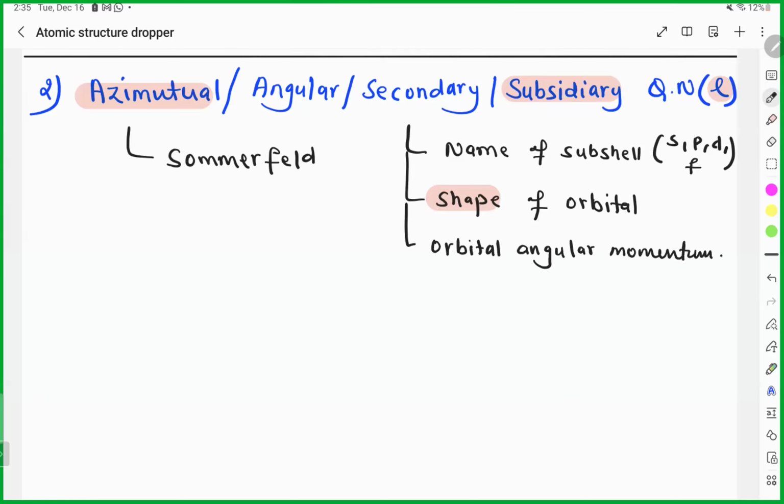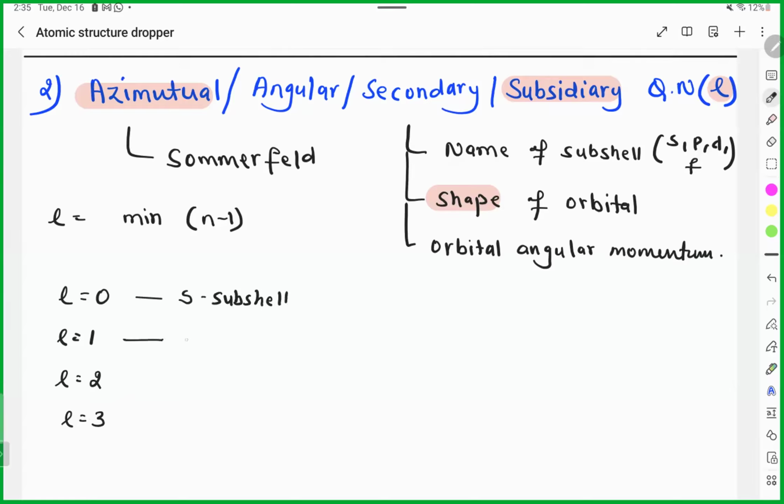What could be the value of L? L minimum value is n minus 1. Example, if your n value is 5, L minimum value will be 4 and maximum anything. We have a total of 4 subshells. If L value is 0, what happens? L value 1, L value 2, and L value 3. Only 3 options. If L value is 0, then it is the S subshell.